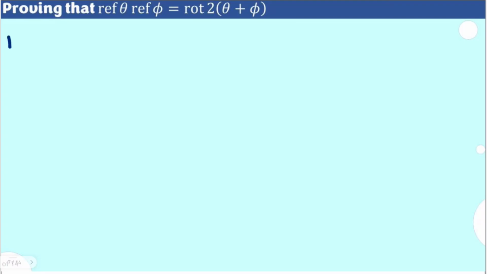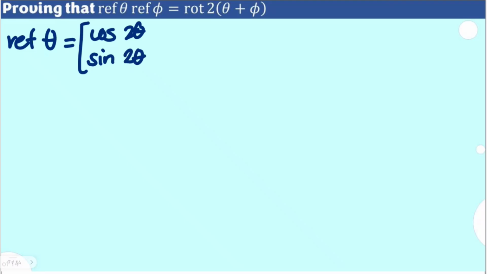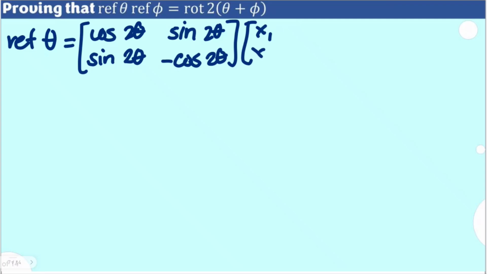Let us be guided that the reflection of theta will have this form: cosine twice theta, sine twice theta, sine twice theta, and negative cosine twice theta. This is when we multiply with the components x sub 1 and x sub 2, but this time let's just focus on this identity.